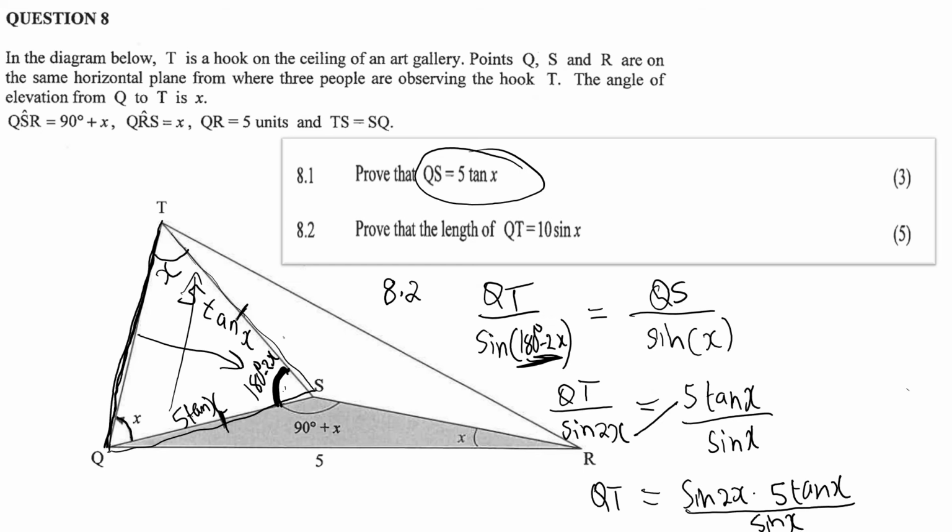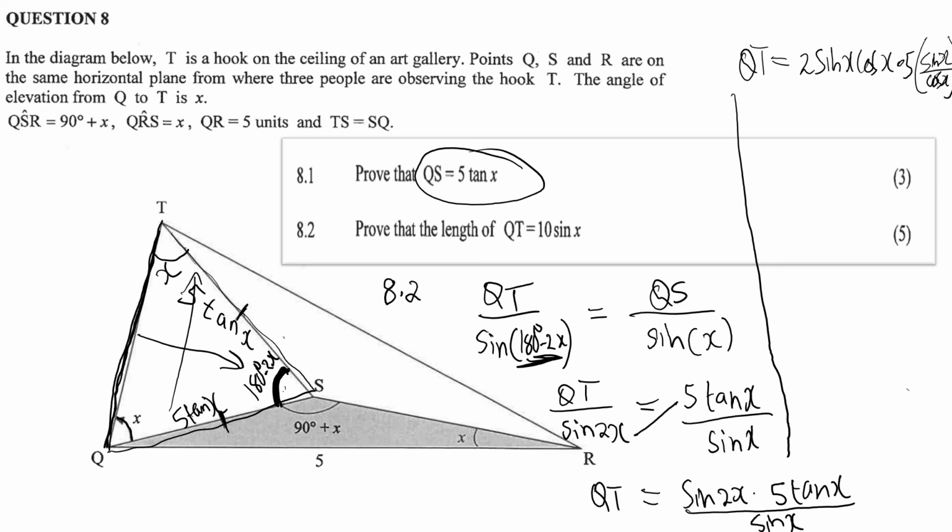All right. So we can simplify that expression. What is sine 2x? So we have QT is equal to, sine 2x is a double angle of sine. It's going to be 2 sine x cos x, multiplied by 5, right? So it's being multiplied by 5. Tan x can be simplified into sine x over cos x.